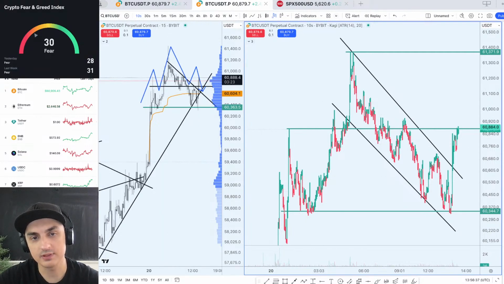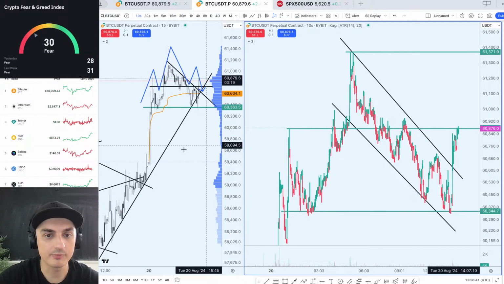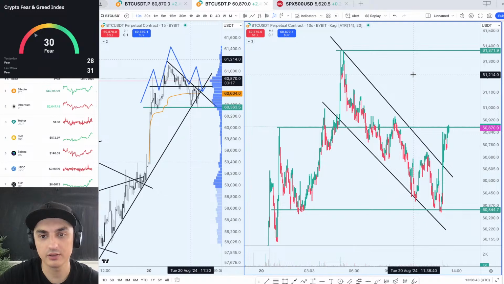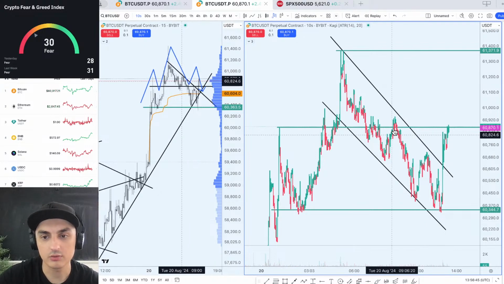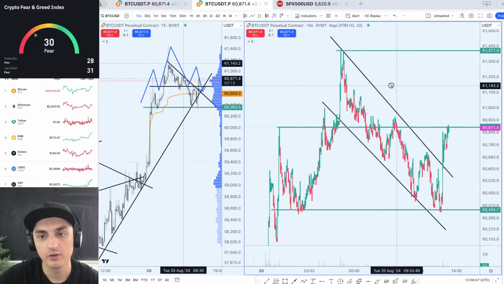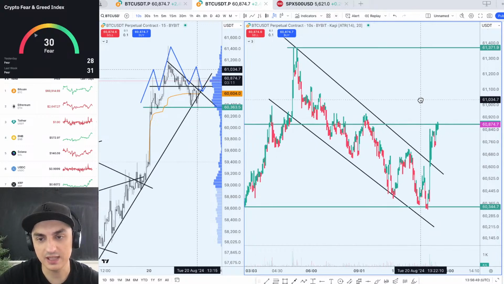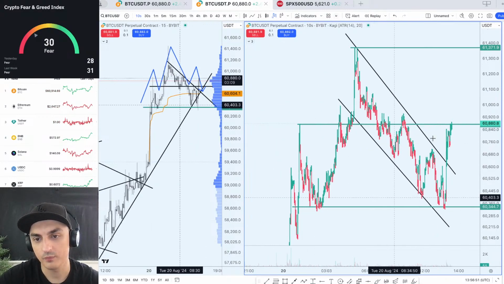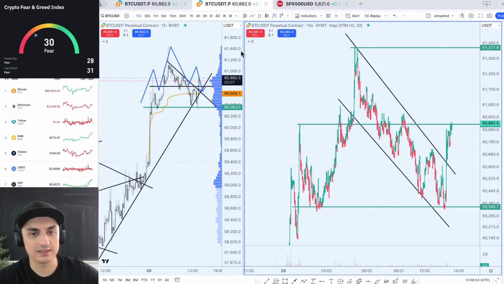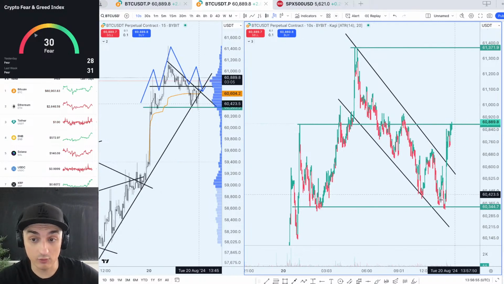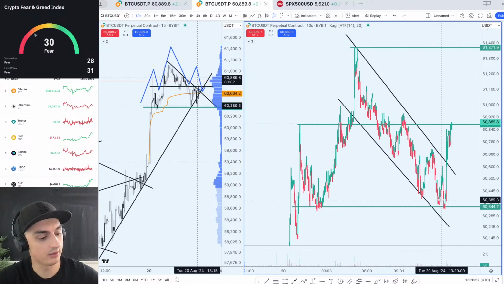So I got stopped out with a really small entry, pretty tight stop loss compared to what I could potentially use. However, right now I'm kind of safe. So let's see if somebody got this right and got this long. So let me know, guys.